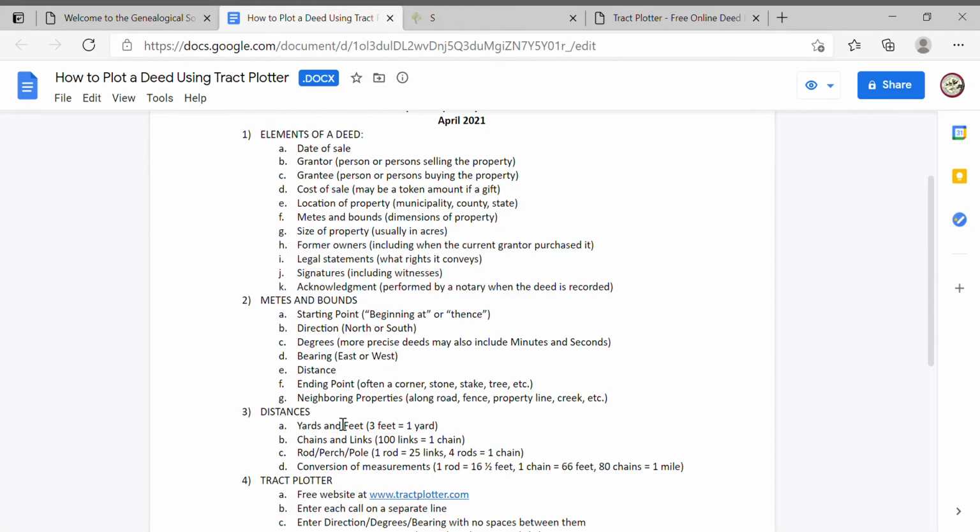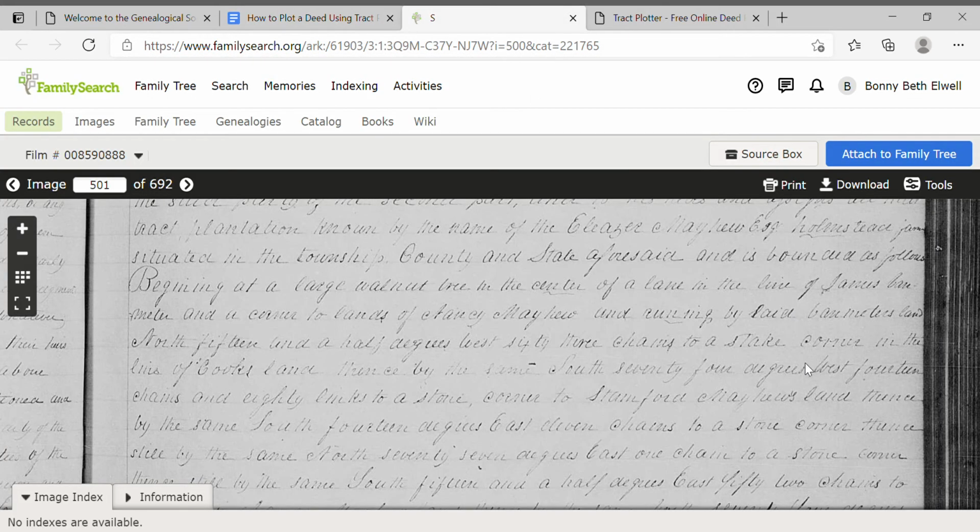So as I said, the metes and bounds can also include information about neighboring properties. It might say along a road, along a fence, along a property line, or a creek. In this case, it's saying it's along a property line. The property line being Cook's land. So just like at the beginning, the beginning point was in the line of James Van Meter, and also a corner of the lands of Nancy Mayhew.